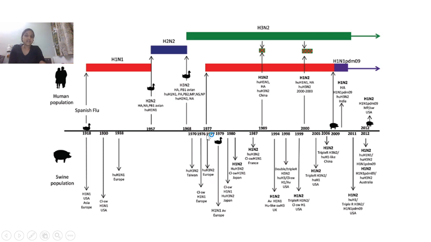Then in 1977 it was H3N2 again. In 1977 you can also see H1N1, another strain, PDM09. Then 1979, H1N1 in Europe. In 1980 in Japan, H1N1 as well as H3N2, and then in 1980 again in Japan, another one.